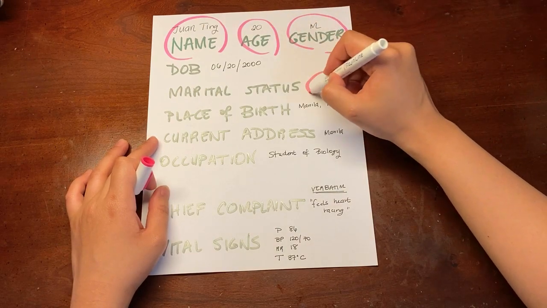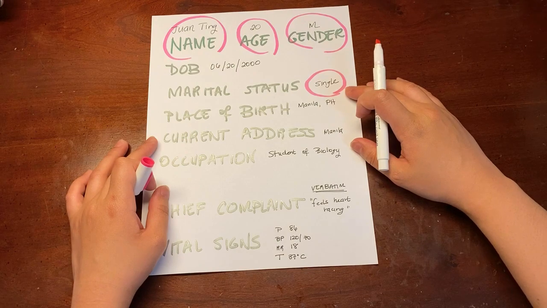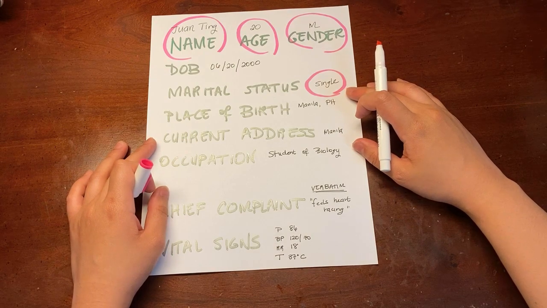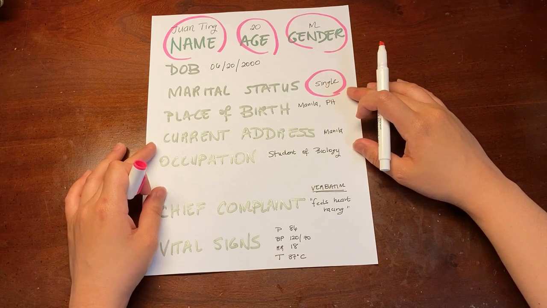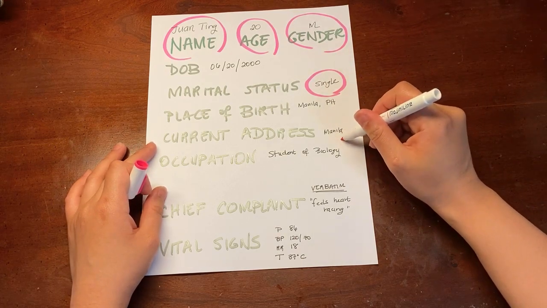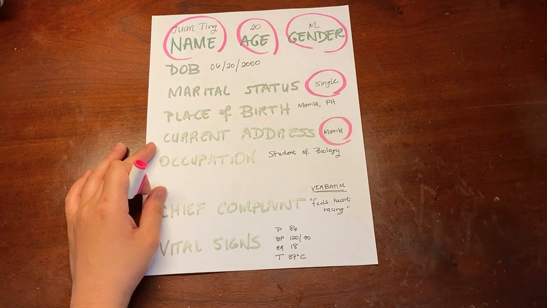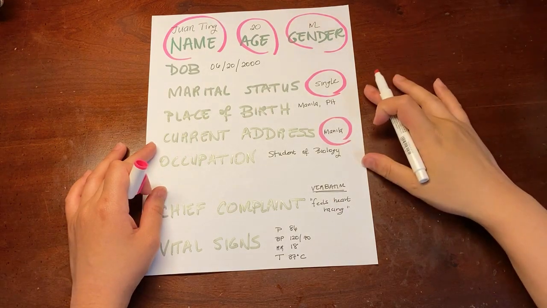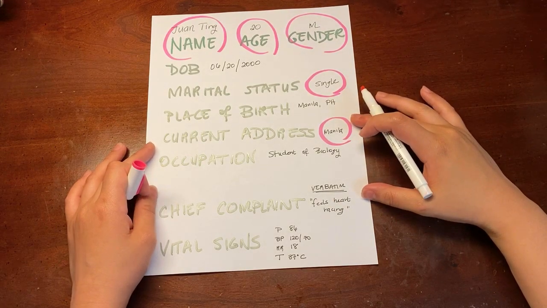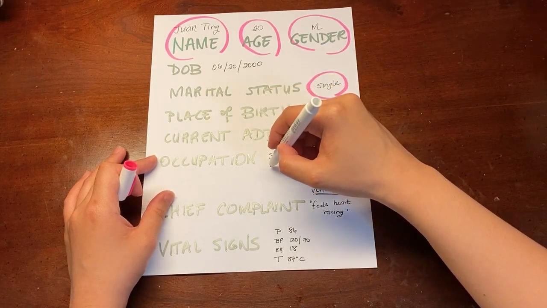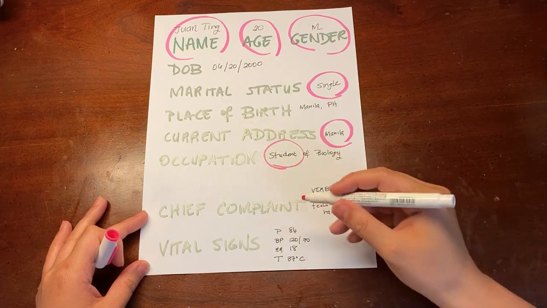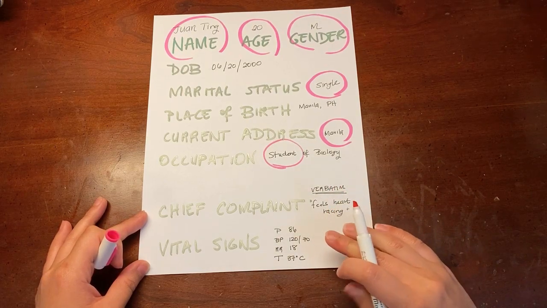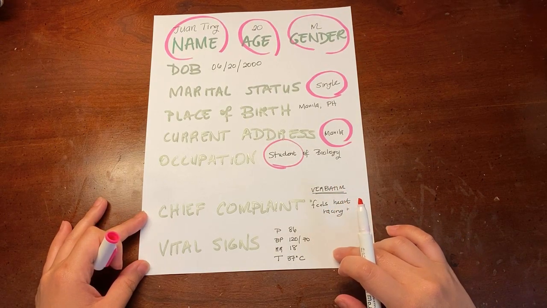You want to look at marital status, because this can help rule in and rule out, especially in cases of infection, if he's single, if he has multiple partners, if he's married, etc. You would want to look at his address to see if there are endemic problems to a situation, and occupation, of course. And finally, other than the chief complaint, you want to encircle any abnormal vital signs.